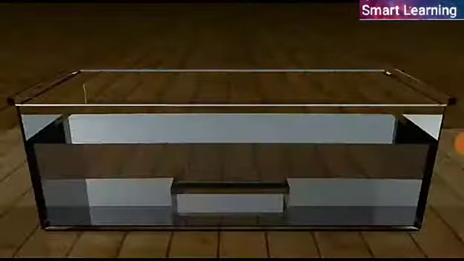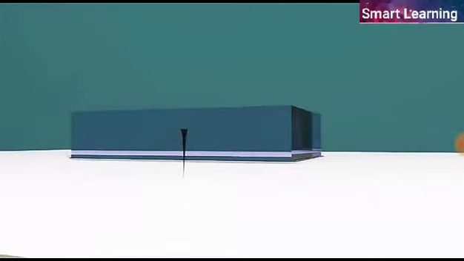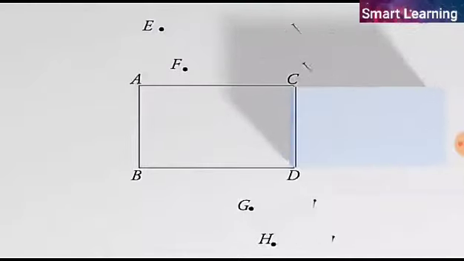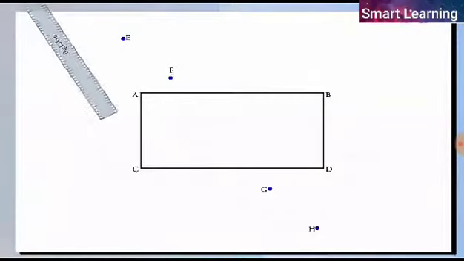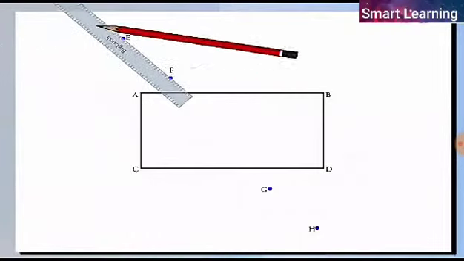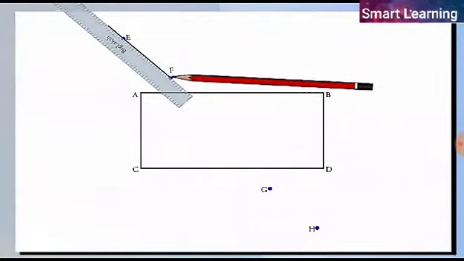Look for the images of the pins E and F through the opposite edge. Fix 2 other pins, say G and H, such that the pins and the images of E and F lie on a straight line. Remove the pins and the slab. Join the positions of the tips of the pins E and F and produce the line up to AB.